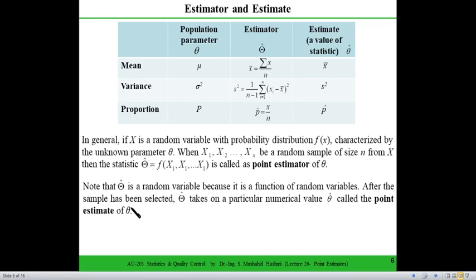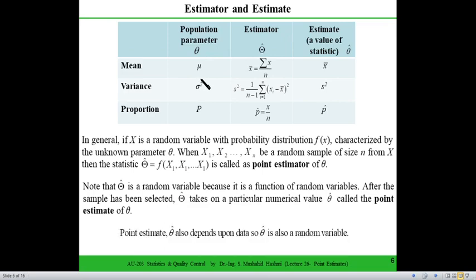Theta could be mu, theta could be sigma square, or theta could be a population proportion, and theta cap would be the value of those estimators. And estimators are the mathematical functions or the formulas which allow you to calculate some quantity of interest from your sample in order to predict the behavior of the population.